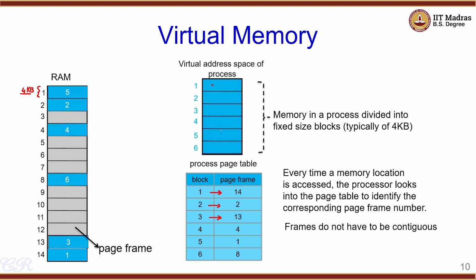This concept of having a virtual address space for a particular process, and then using page frames, blocks of memory, and a process page table to map a block in the virtual address space to a corresponding page frame, can be extended to a multitasked environment.